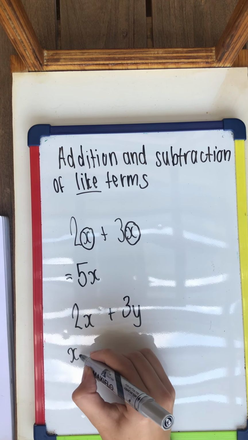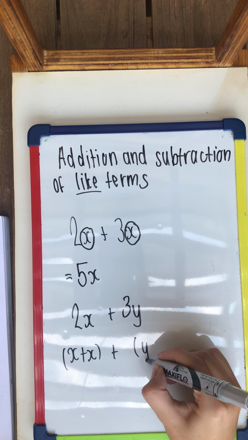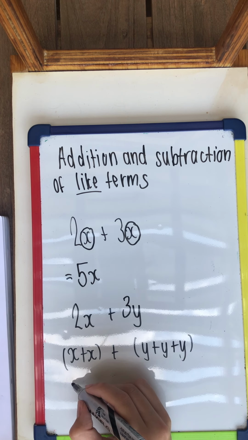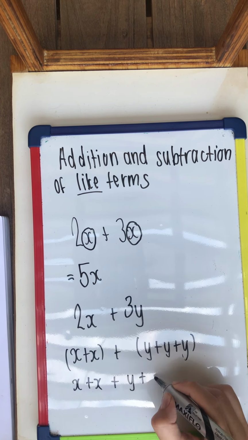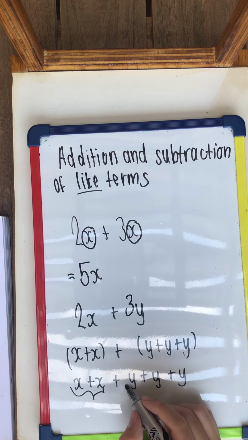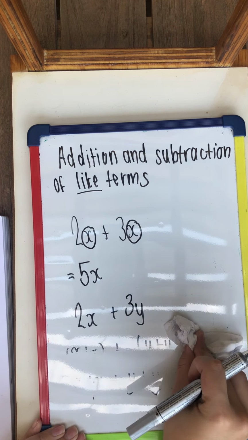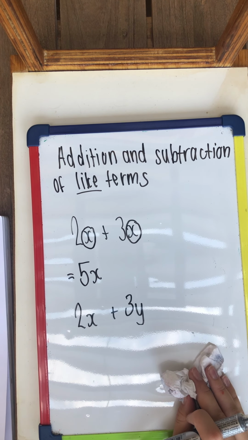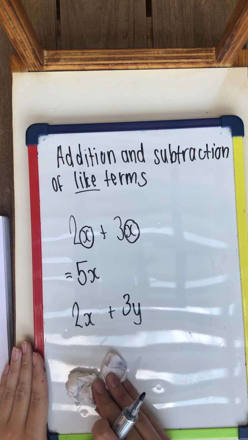So this is basically saying I've got x plus x plus y plus y plus y. So I can only add these two together, and I can only add these three together. I can't add both of them together. So you can only add them if they are the same, so if they are like terms.